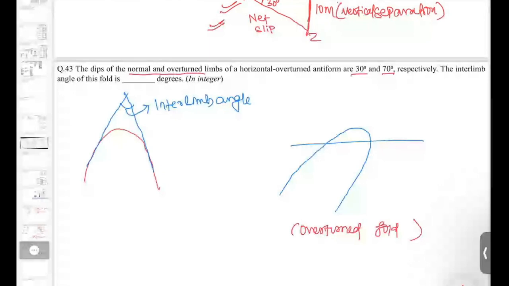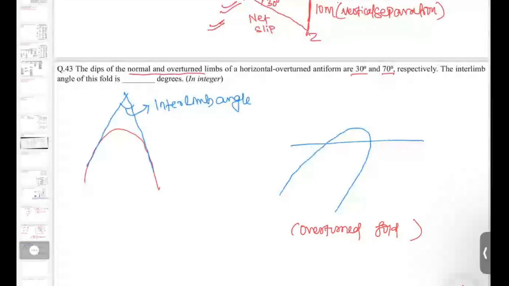So what is that type of fold? Yeah, that is isoclinal. So the difference between an overturned fold and an isoclinal fold is that the limbs are not parallel. They are in the same direction due to extreme folding. Okay, so this is the thing you should know.